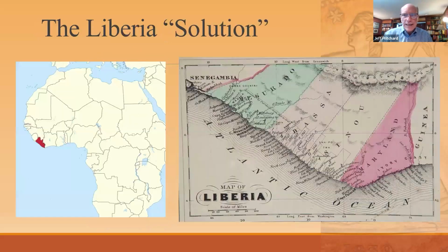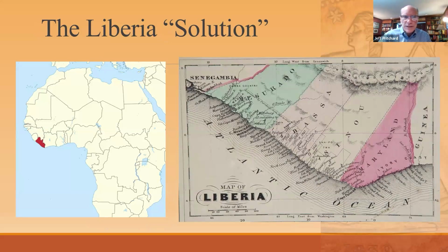Well, this brings us to the second vignette. And this began in 1816 when a Presbyterian minister by the name of Robert Finley, along with a lot of Virginia slaveholders, formed the American Colonization Society.